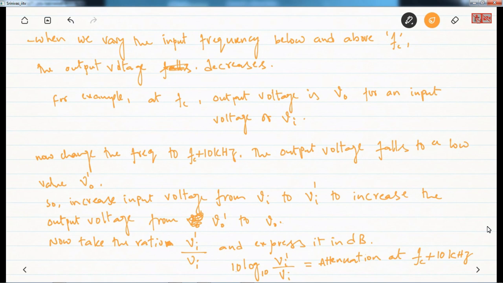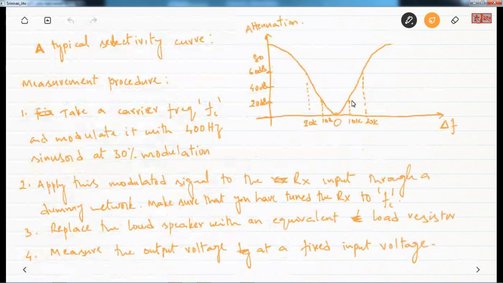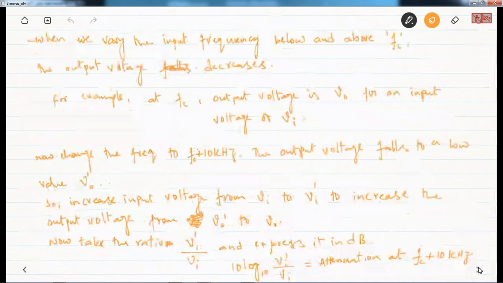Right? So that means at 10 kilohertz, if I get that 10 log 10 Vi prime divided by Vi is equal to 20, this will be that value. Right? So you please make a note of it. I'll take just 1 minute break.